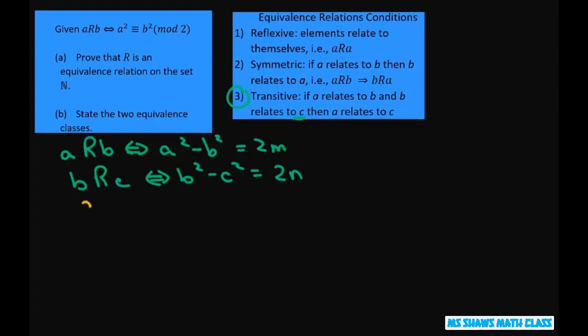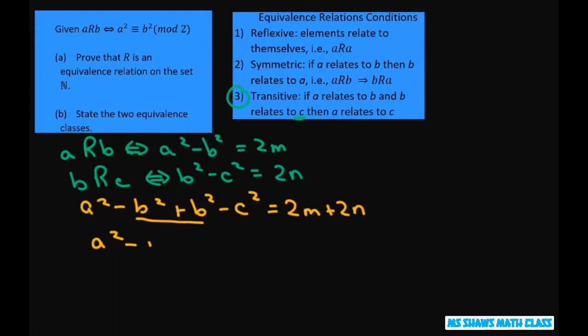And you're going to get A squared minus B squared plus B squared minus C squared equals 2m plus 2n. So these two will cancel and you get A squared minus C squared equals, pull out the 2, m plus n.